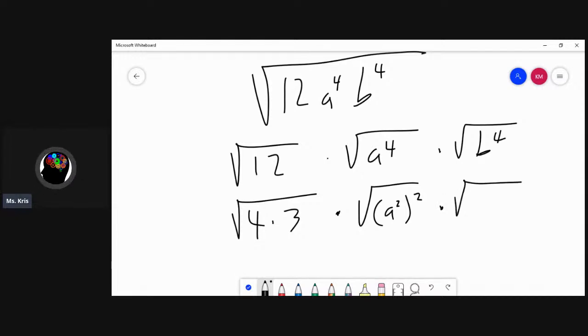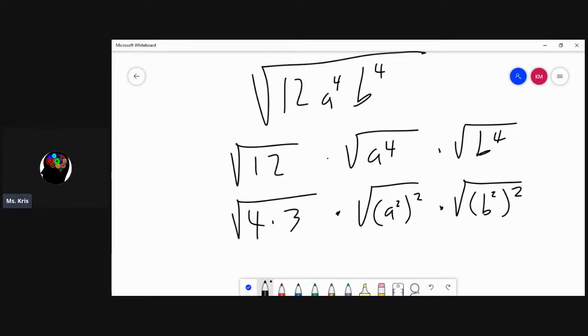And the same goes for square root of B to the fourth, B squared raised to the second power, because 2 times 2 again is 4. So now the square root of 4 times square root of 3. If you're a skip stepper like me, I would simply just say 2 square root of 3.